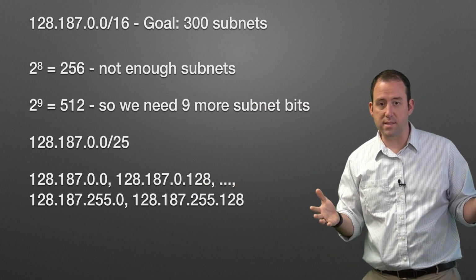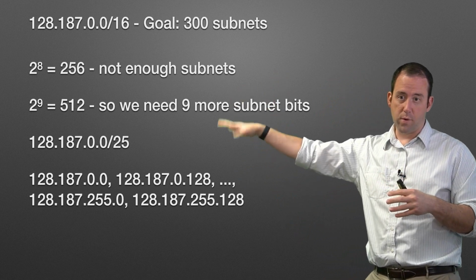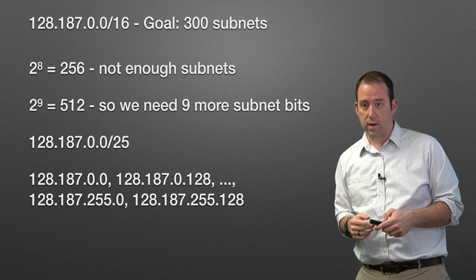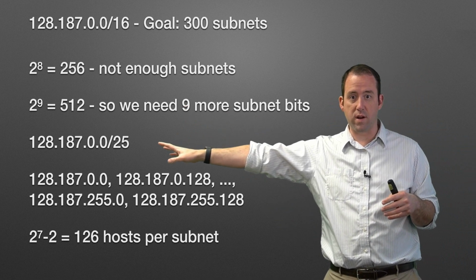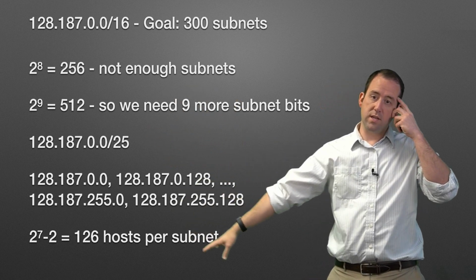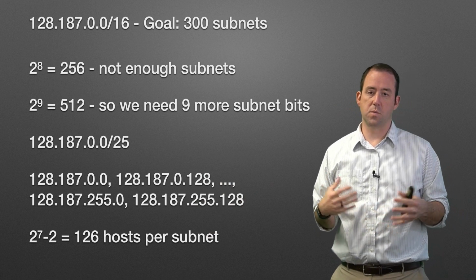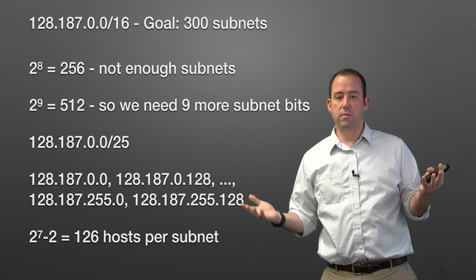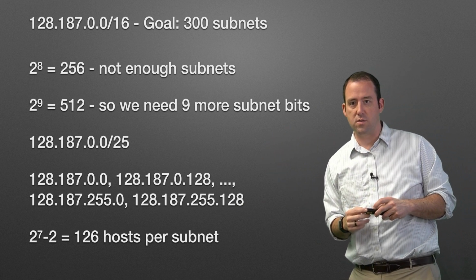So you have those 9 bits in the subnet mask that are dedicated to your subnet, along with the original 16 for your network. And that gives you, if you got /25, 32 minus 25 is 7. 2 to the 7th minus 2 is 126 hosts per subnet, which is still pretty big, plenty large for lots of things, so you just have to split things up and decide what you're going to do with them from there.